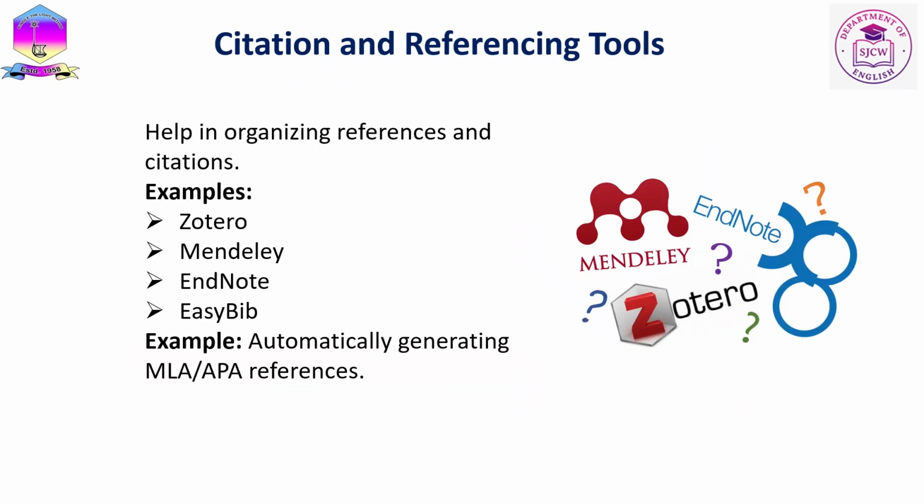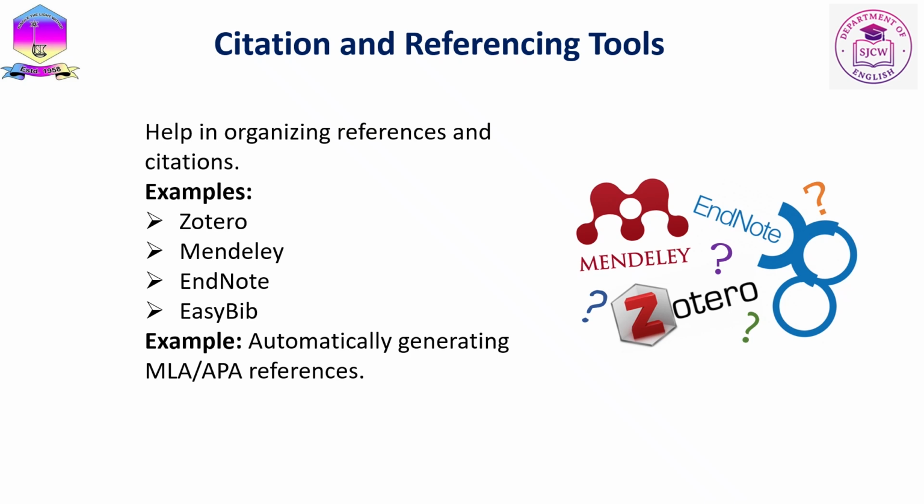Now, citation and referencing tools help in organizing references and citations. As we have already dealt with in the earlier lesson: Zotero, Mendeley, EndNote, and EasyBib. For example, automatically generating MLA and APA references. These are the four tools, or you could say sites, where you open them and put your research inside. They will give you the citations accordingly.